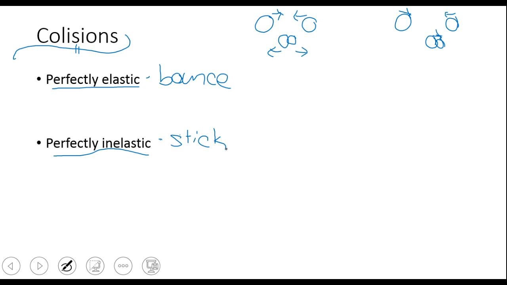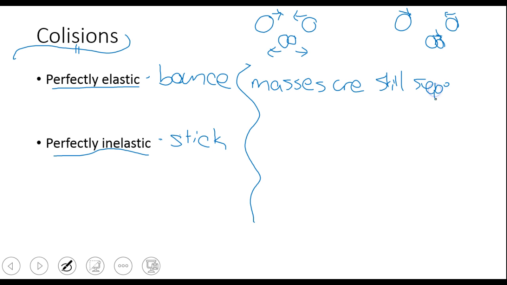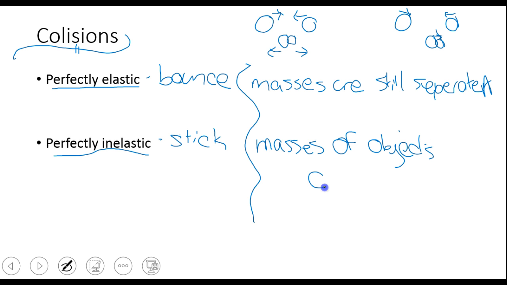This is going to be important in the afterward scenario, and how you treat the masses. In the afterward scenario for a perfectly elastic collision, the masses are still separate. There's still two objects, and they're going to be going different ways, so you need to treat them as separate. For a perfectly inelastic collision where two things collide and stick together, you can imagine the masses of those objects combining.